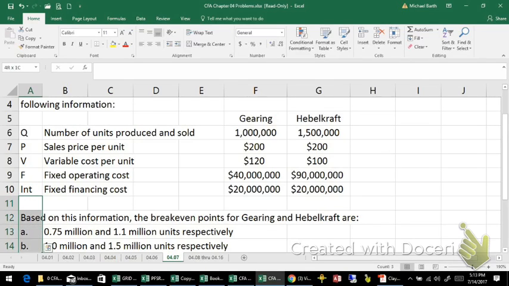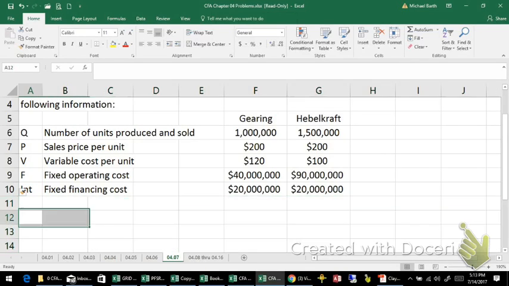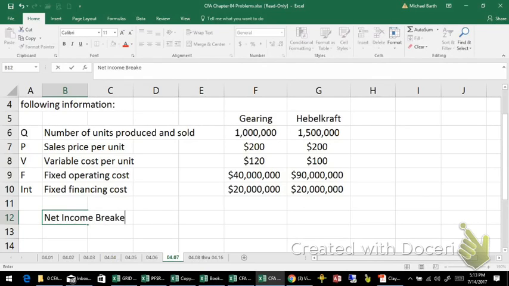Alright, so if we're calculating the net income break even, the net income break even is calculated as the point where you make exactly zero net income.